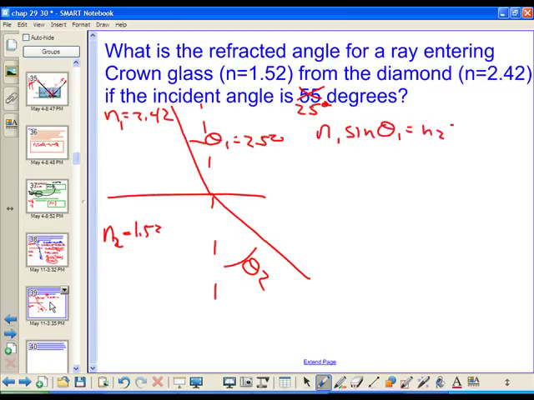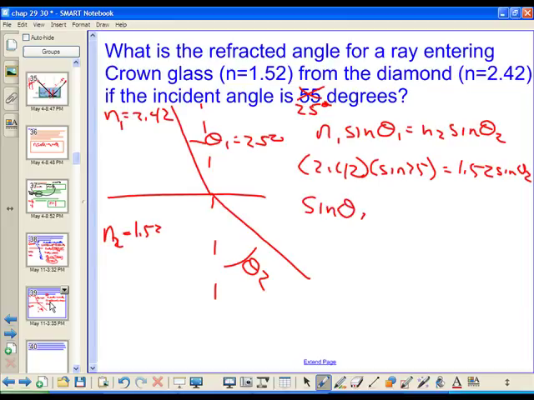So what you put is this: 2.42 times the sine of 25 equals 1.52 times the sine of theta 2. So the sine of theta 2 is going to be 2.42 times the sine of 25 degrees over 1.52, after you do a little bit of algebra.